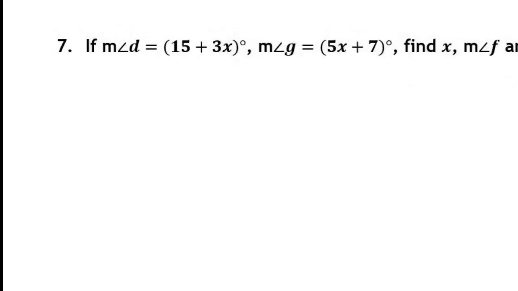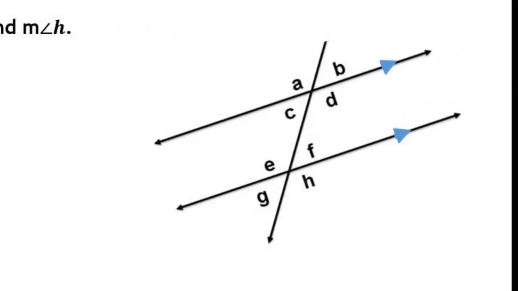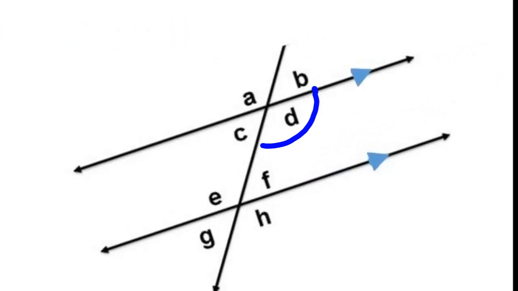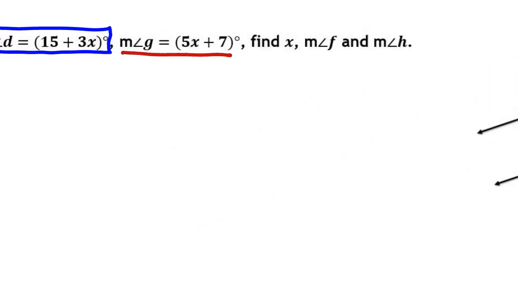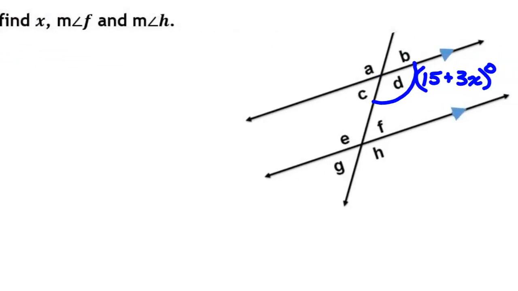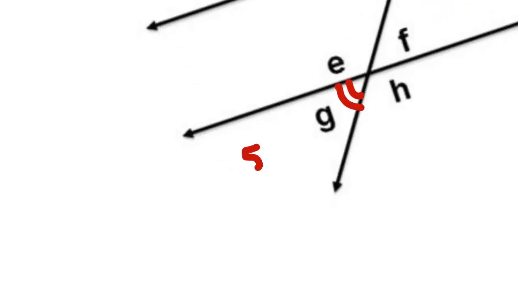All right, so on number 7, they tell me the measurement of angle D is 15 plus 3x. That's this guy right here. And then I'm told that the measurement of angle G, this little guy down here, is 5x plus 7.